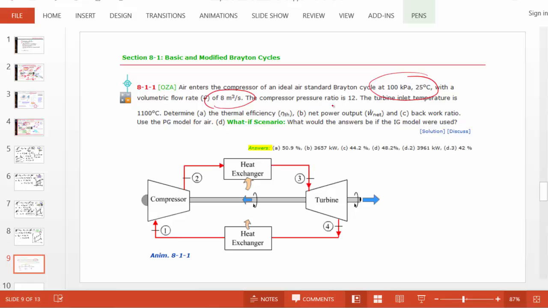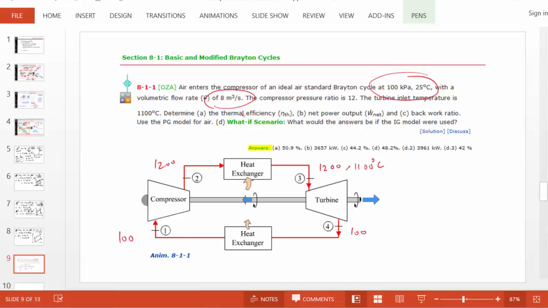The compressor pressure ratio is 12. So if this is 100 kPa here, it will be 1200 kPa at state 2. So it will be 100 kPa here, 1200 kPa, 1200 kPa, back to 100 kPa. And the turbine inlet temperature is 1100 degrees Celsius, right? Okay, so these are some of the data given to us.